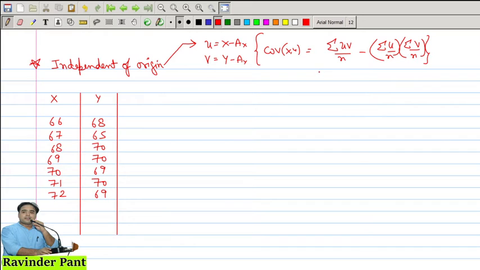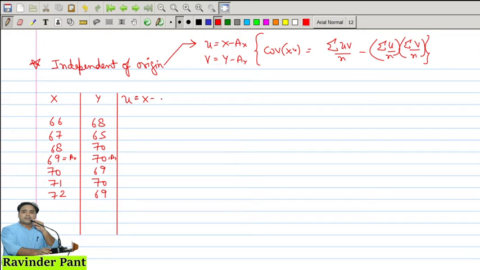What we did, we just used the independence of origin property and we reduced these observations by an arbitrary constant. So in this we'll also do the same. We'll calculate u as x minus a, and I am considering this 69 as the assumed mean for x and this 70 as the assumed mean for y.